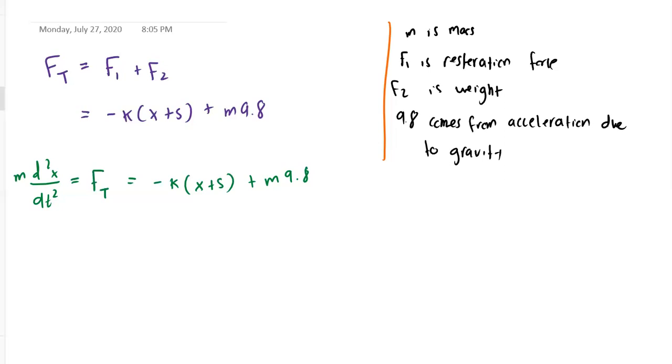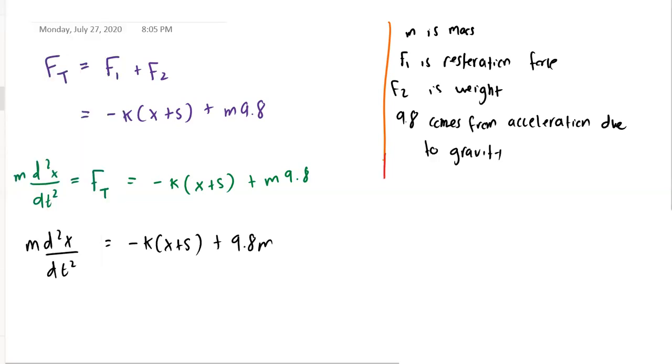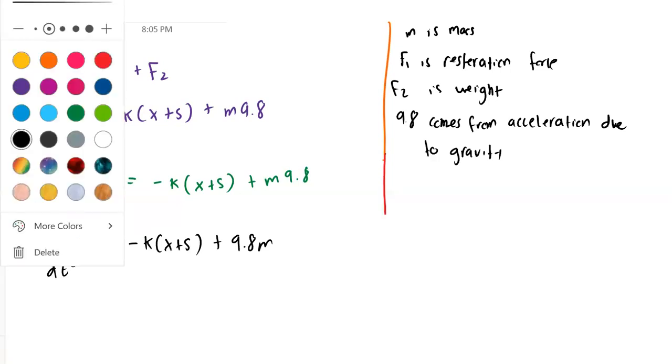So let's simplify a little bit. I'm going to get rid of this F sub T in the middle. I'm just going to write m times the second derivative of x with respect to time. Oops. And I should label what x is. So let me do that after I write this equation. So m x double prime is equal to negative k x plus s plus 9.8 m. So let me write here that x of t is the position of the object at time t.